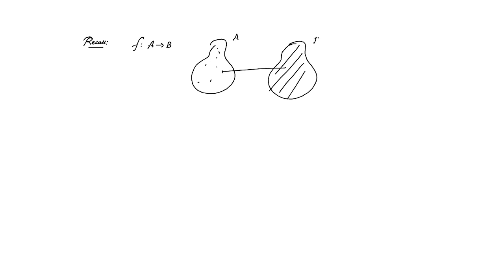So our first recall is f is a function from A to B. Just consider this as A, the domain, and this as B, where A and B are non-empty sets. So A is called the domain of the function, and we write dom of f equals A, where B is called the codomain of the function. So the codomain of f is B.